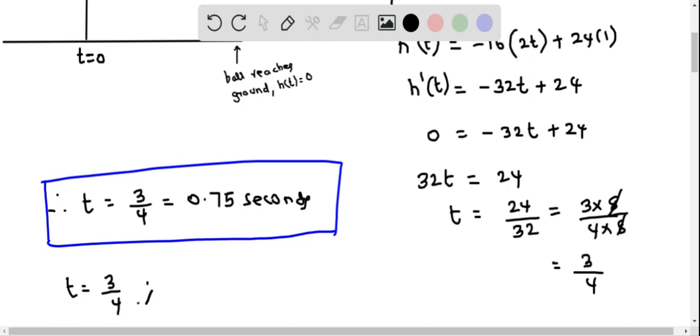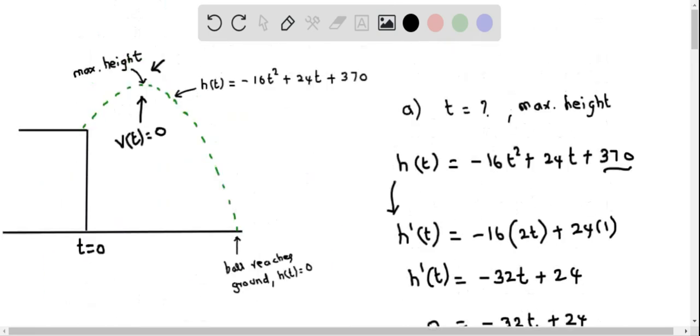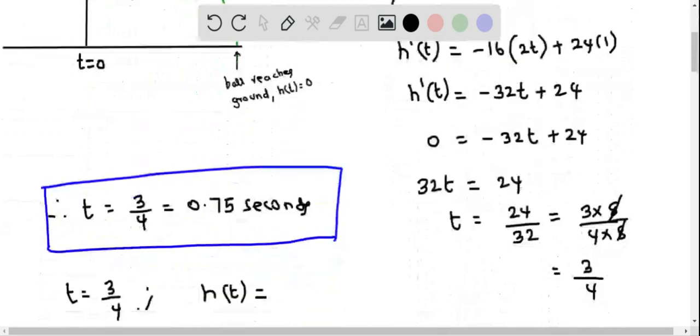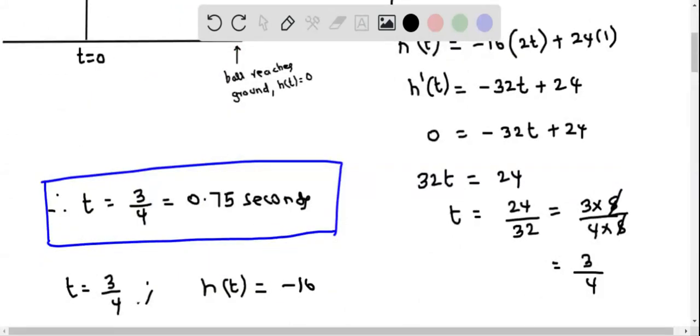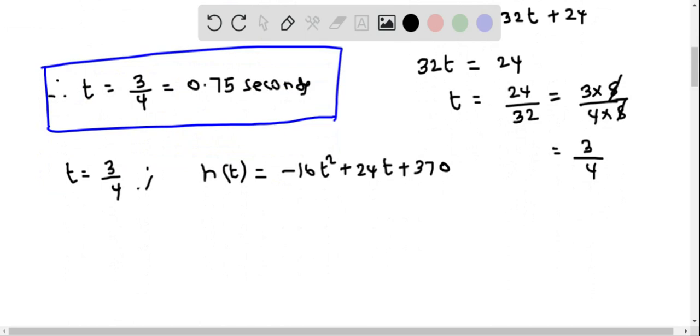h of t equals negative 16t squared plus 24t plus 370. We plug in t equal to 3/4 into this function.